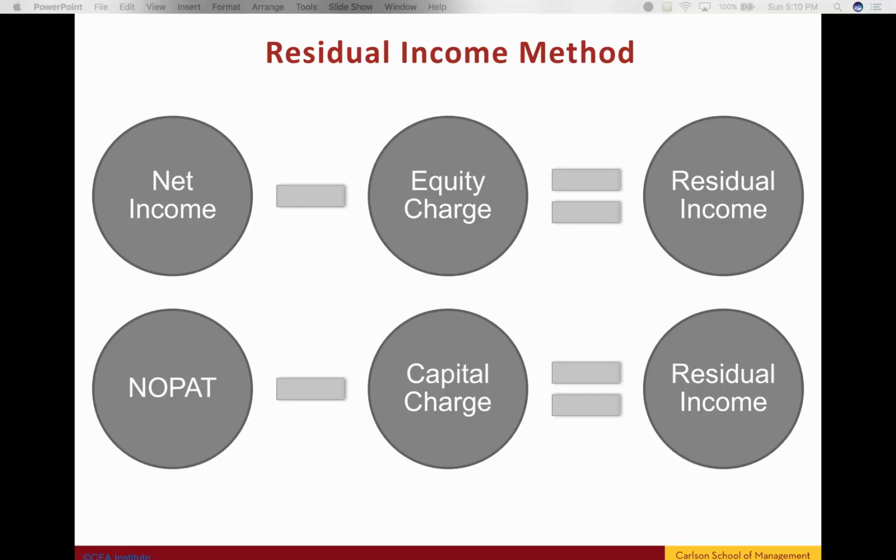You want to make sure you have the income available to give returns back to your shareholders. That's why the residual income method is important: it looks at whether you have an actual amount of value to give back to your shareholders after you look at how much income you get based on your net income statement.